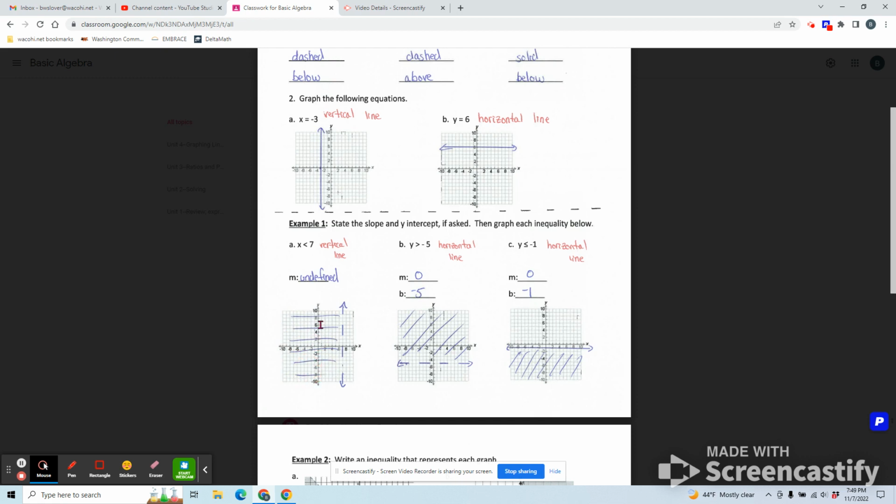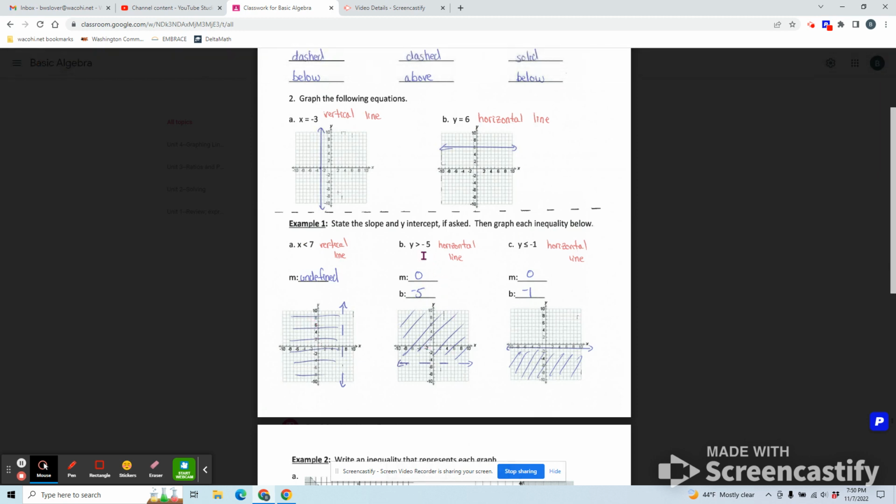Okay, this is my solution set. Any ordered pair in here would make it a true statement. So if I picked 0, 0, and I substituted that in, I would get a true statement. Or 6, 7, the ordered pair, and I substitute it in, I get a true statement. That's what makes it a solution.